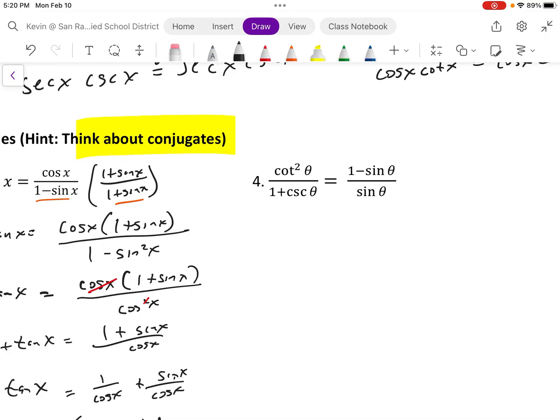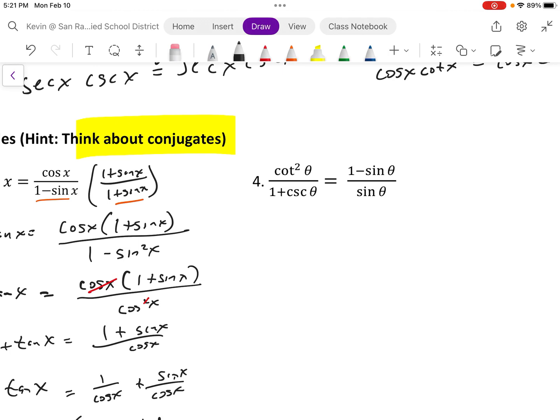Well, actually, let's do this. I was thinking about this side, but I think we need to go on a more complicated side.